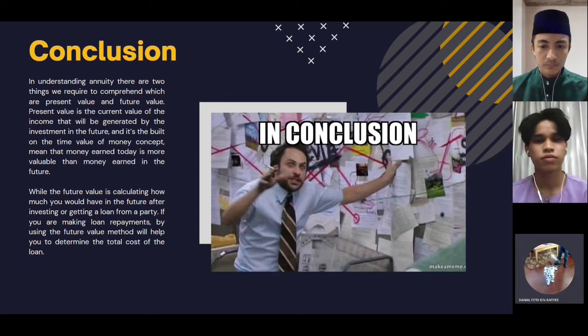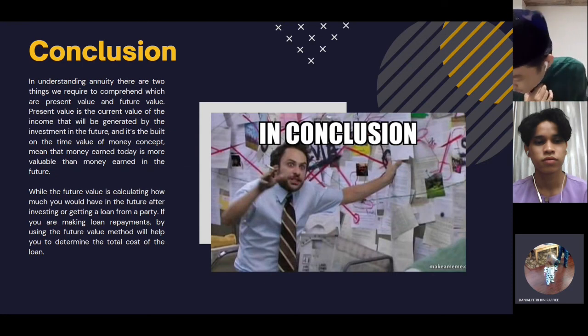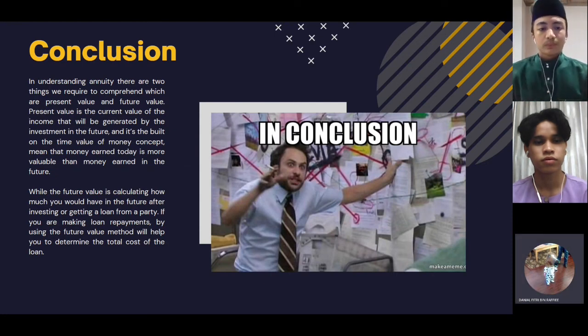As a conclusion, in understanding annuity, there are two things we need to comprehend, which are present value and future value. Present value is the current value of the income that will be generated by the investment in the future. It is built on the time value of money concept, meaning that money earned today is more valuable than money earned in the future.